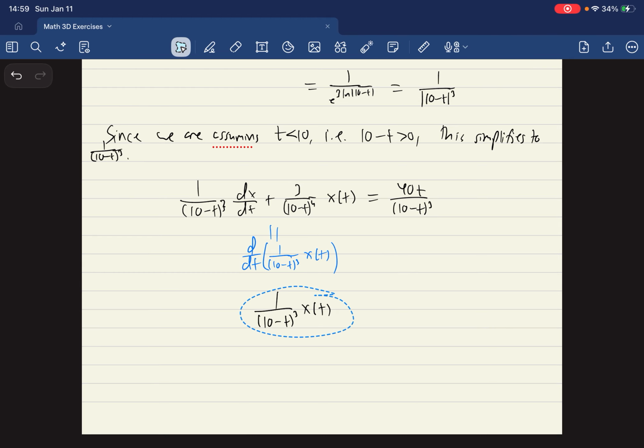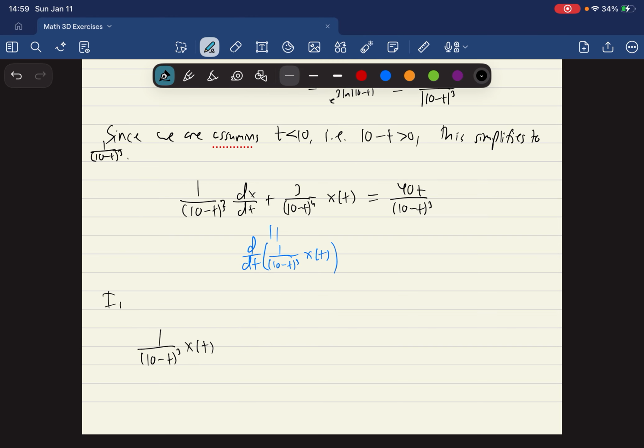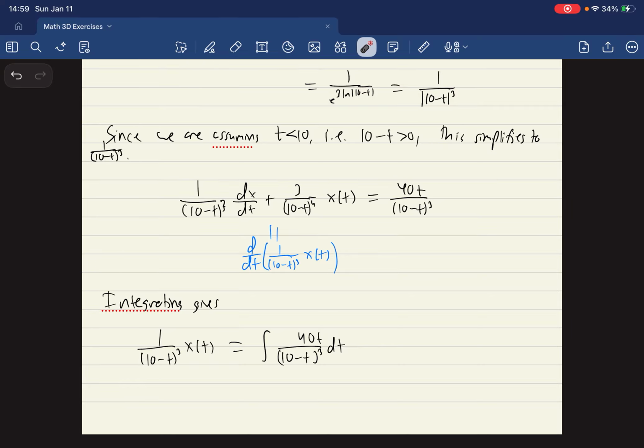let me move this over. And integrating gives this, which I'm about to write. Integral 40, and then we integrate the right side. So this is 40t over 10 minus t cubed dt. And I'll walk us through this calculation. So now we're left with evaluating this integral.